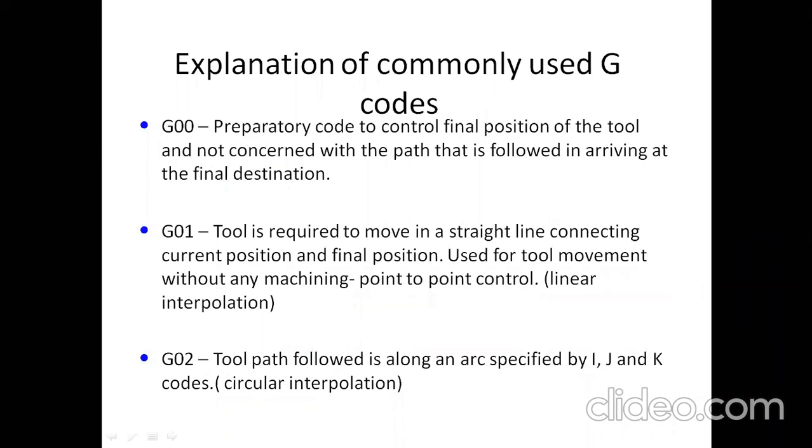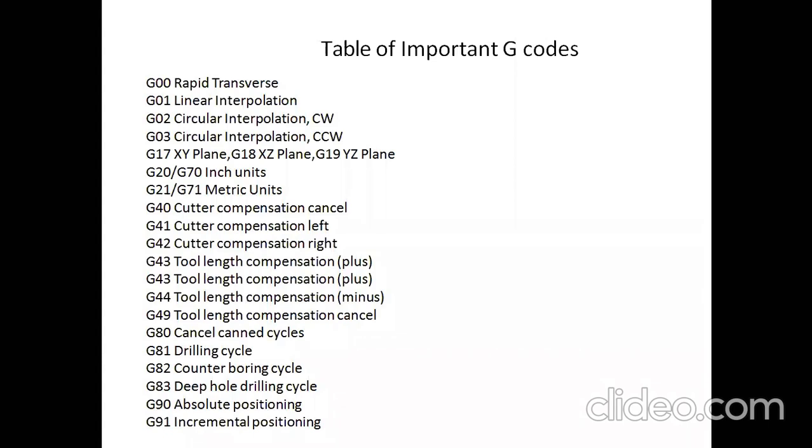G00 is the preparatory code for rapid traverse of a tool, and G01 is linear interpolation. I have already told you to remember these codes. From G00 to G91, there are lots of codes available to write your program. According to the controlling system, your coding will change.